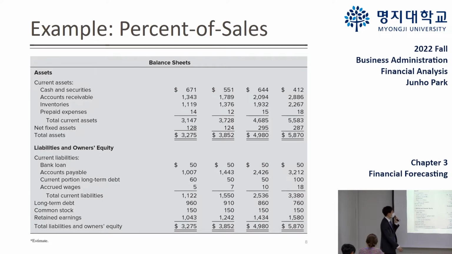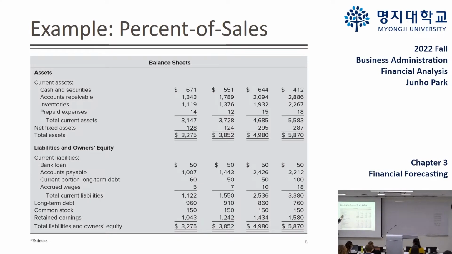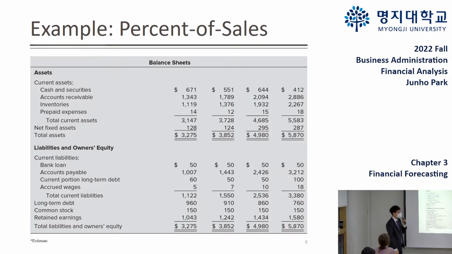And similarly, inventories are related because if you want to sell more, you have to prepare more. So you need to have larger inventories in your firm if you want to increase your sales. So these are three items: cash, accounts receivable, and inventories. They are all related to the sales. And because of it, we are going to assume that these three are really proportional to the level of your sales. And the fourth item you have is prepaid expenses.